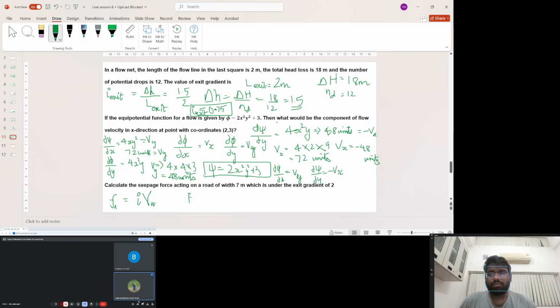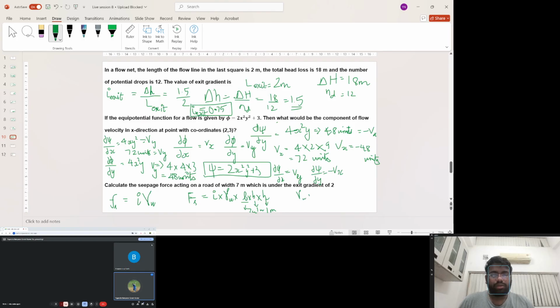So for the complete volume, since this road is independent, that is, the other directions are infinite, what we do is we assume the other dimensions as 1. So i into gamma w into L into B into H. Let length be 7, B and H be 1 meter.